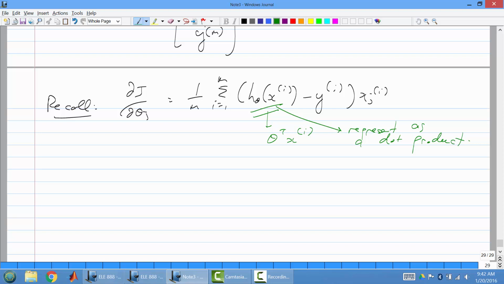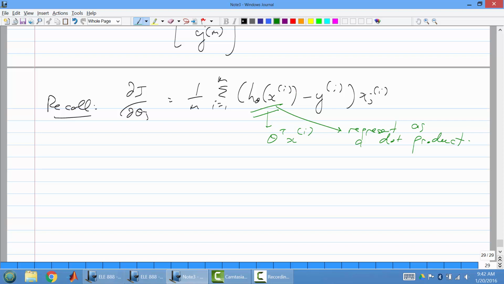So remember, how is that useful? If you had the data matrix on the left, and you multiplied it with a vector of parameters, you're computing the hypothesis or the predicted values for every single training example in your data set.